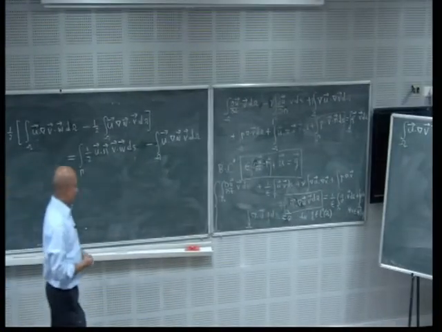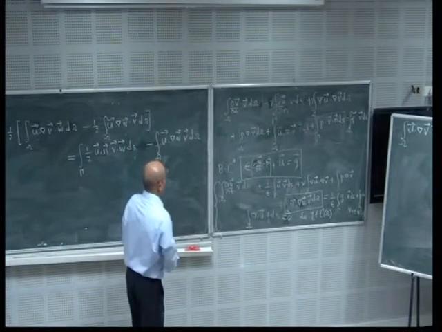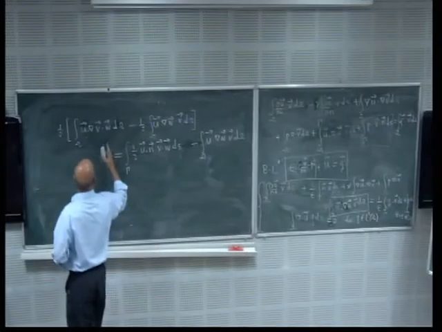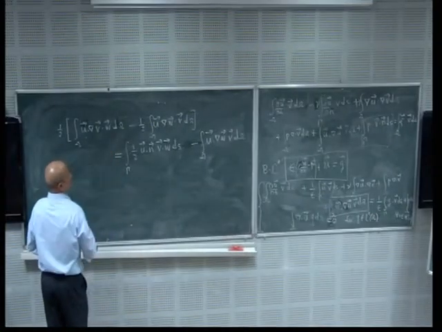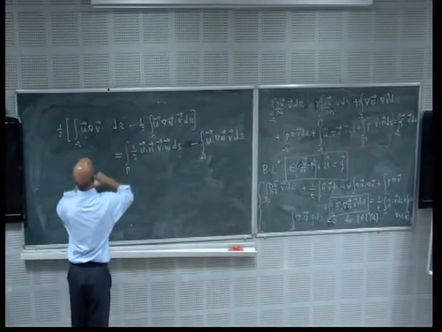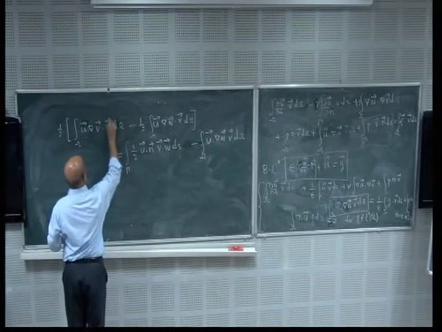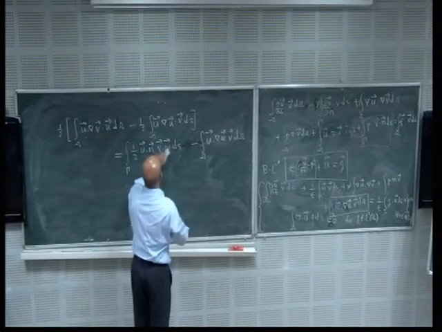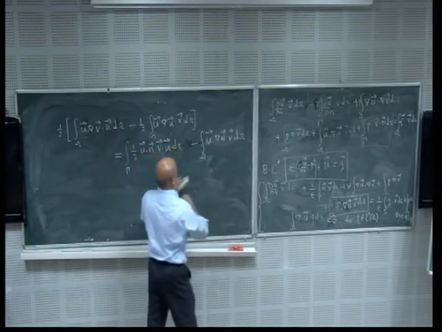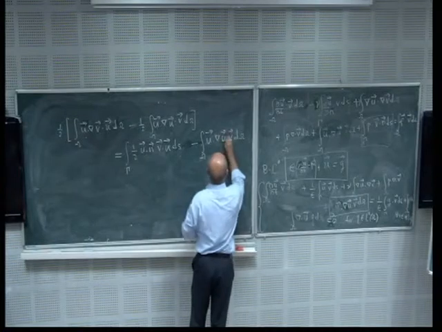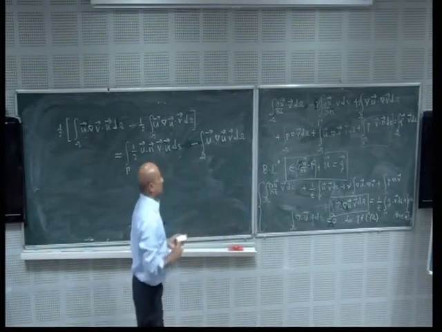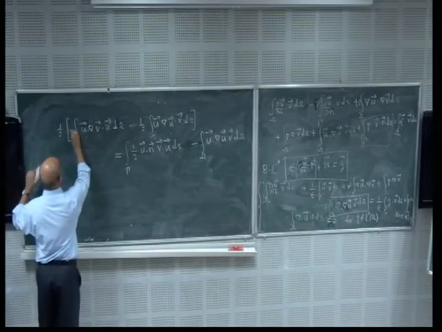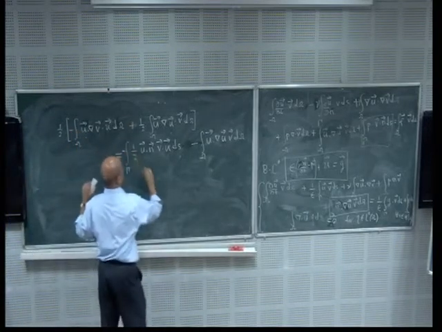Therefore, now I can put V, or let me put W equals U. So I get a special case. If you multiply by -1, say, put minus here.